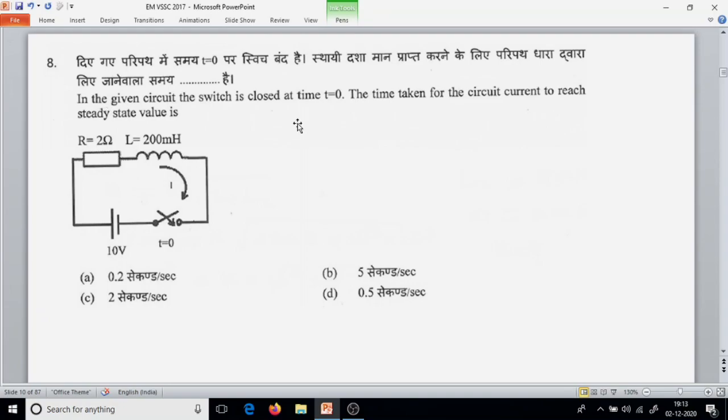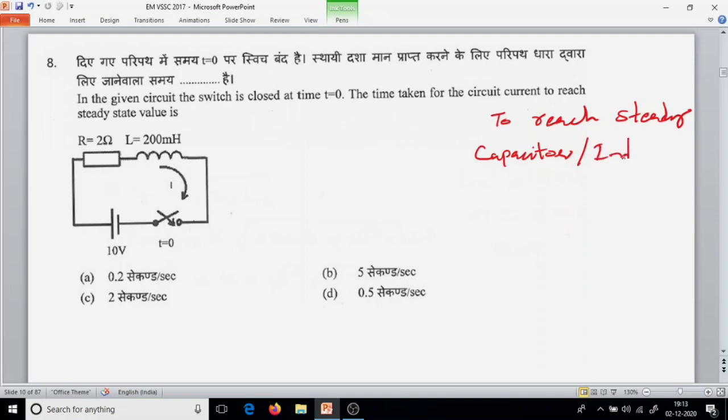This question is based on LR circuit. I'll read the question. The given circuit, the switch is closed at t equal to 0. The time taken for the circuit current to reach steady state value is, okay, capacitor or inductor?